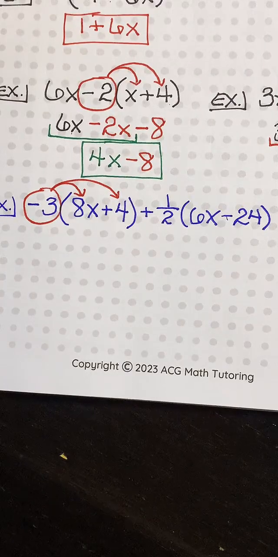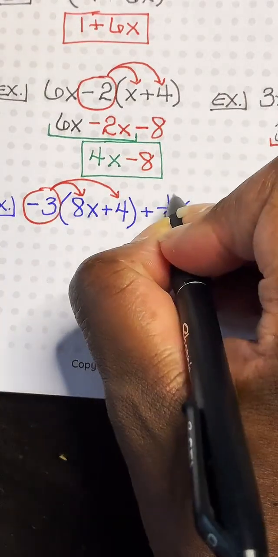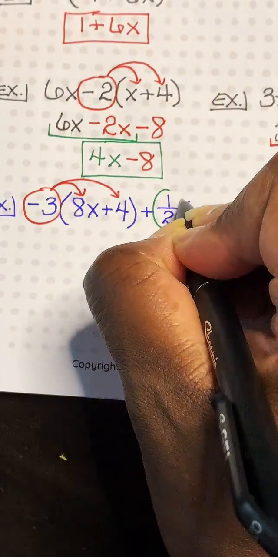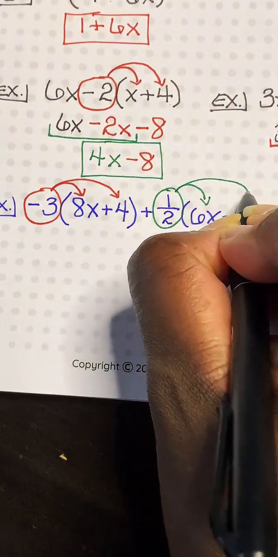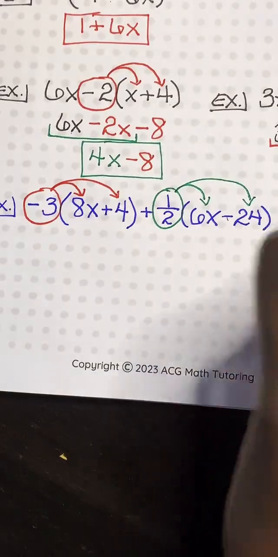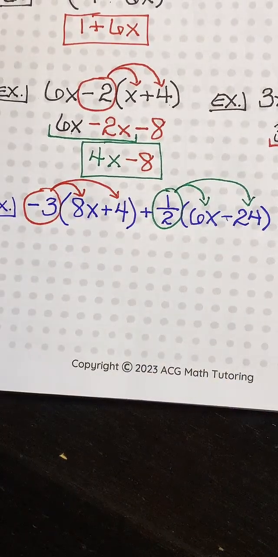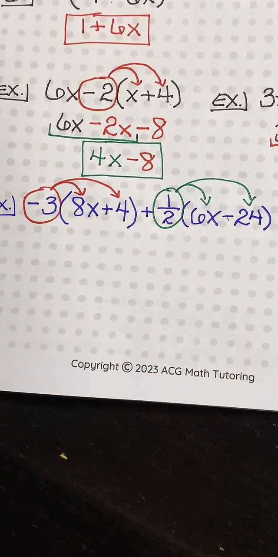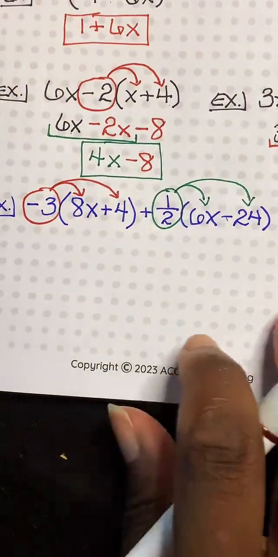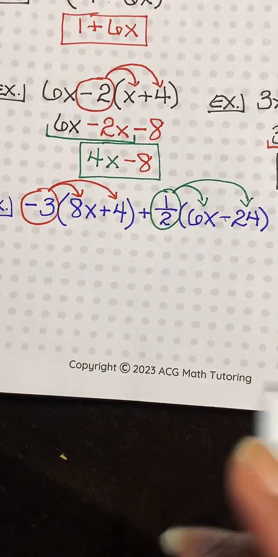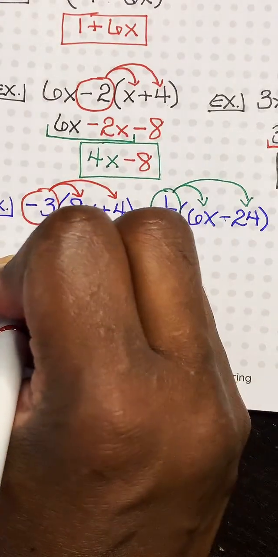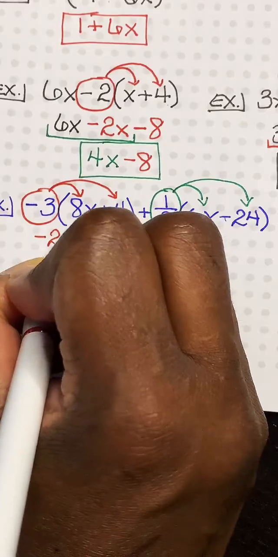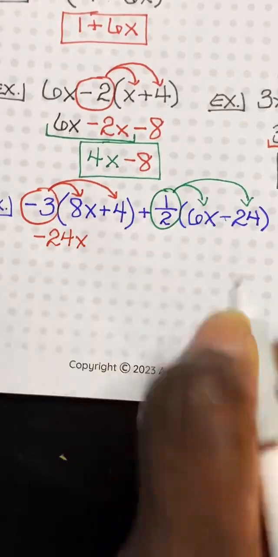They're not like terms. Then over here, I have this 1/2. As soon as people saw the 1/2, there were some heart palpitations, a little bit of sweat, and then you're just like, oh wait, they're even. I can do this. So now let's take a gander. Negative 3 times 8x gives me a negative 24x.